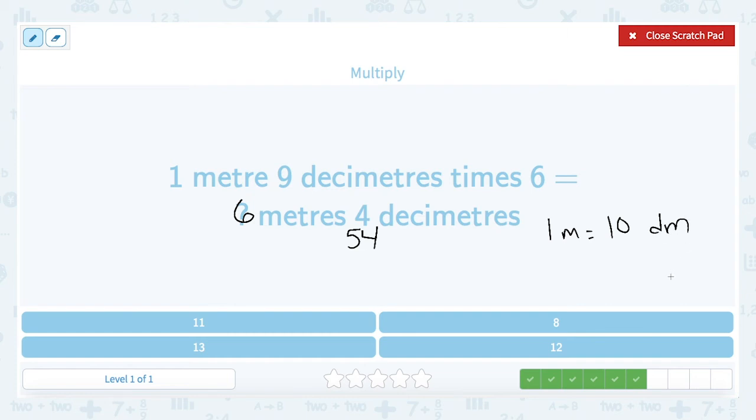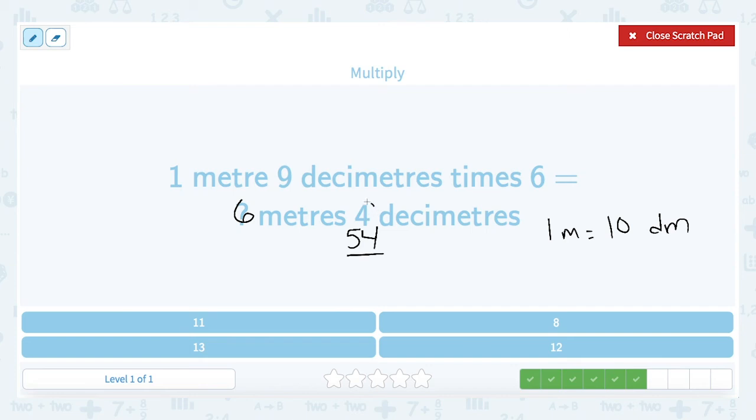As you do these problems, having a metric conversion chart pulled up either alongside on your computer or printed up is very, very helpful. So what that means here is that these 54 decimeters include 5 meters, because for every 10 decimeters, we get 1 meter.